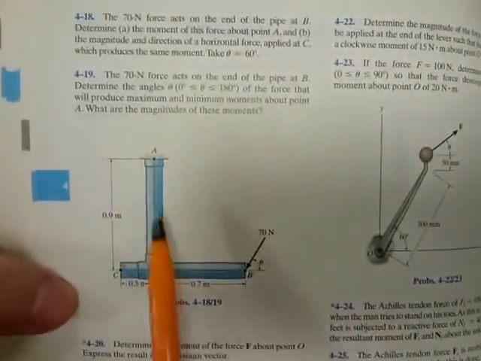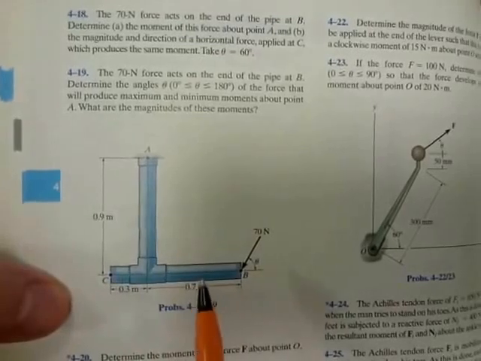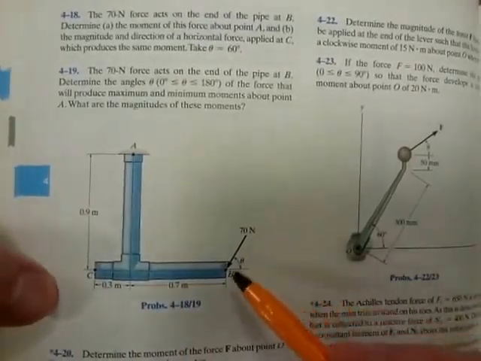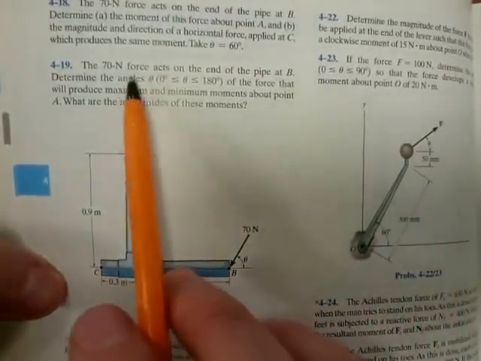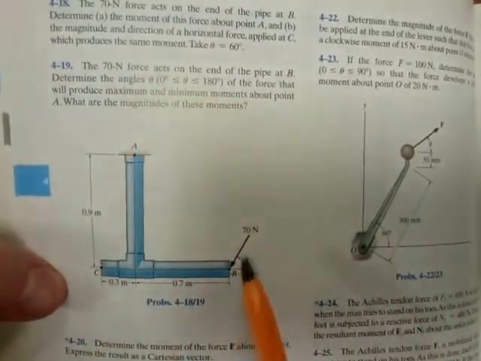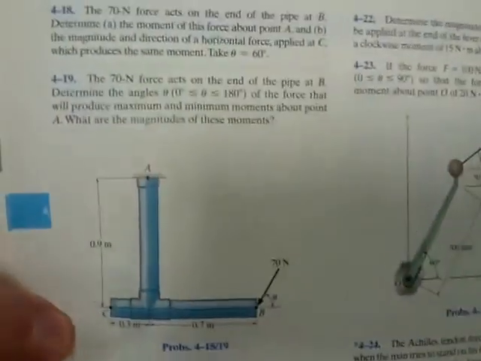What we have is this kind of a rod or pipe, this kind of T shape, and we've got this 70 Newton force being applied over here, and it says the 70 Newton force acts on the end of the pipe at B. Determine the angles, perhaps I can bring this a bit closer.